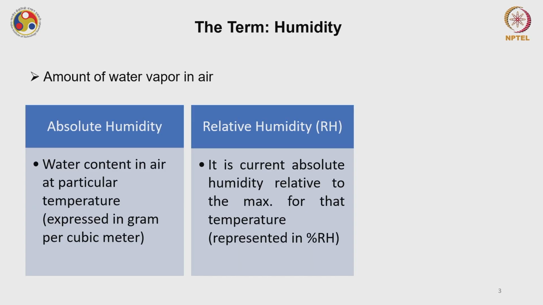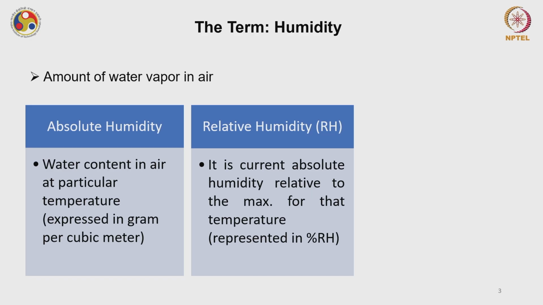But there is another way to represent humidity, known as relative humidity. We are all acquainted with this word, relative humidity, or RH. If you check your mobile phone or any website which deals with humidity, you usually check the humidity level of your present city, or if you are planning to go to another city, you check the condition of humidity there. It gives you several ideas for your visit.